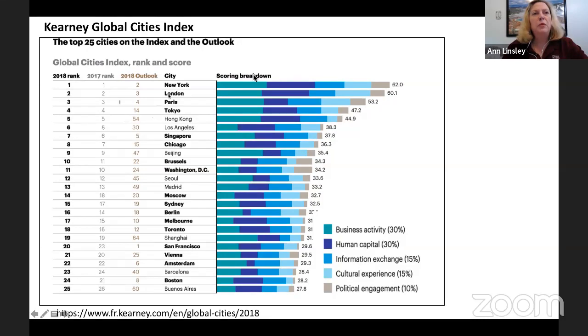But they flip around because part of this measurement is based upon this cultural experience, and that's tourism. So you have your service industry, and that's going to relate to something I have to talk about on Monday. But this relates to your service industries as well as your tertiary and quaternary levels of the economies. And so that all plays a role in creating this index and looking at those global cities.